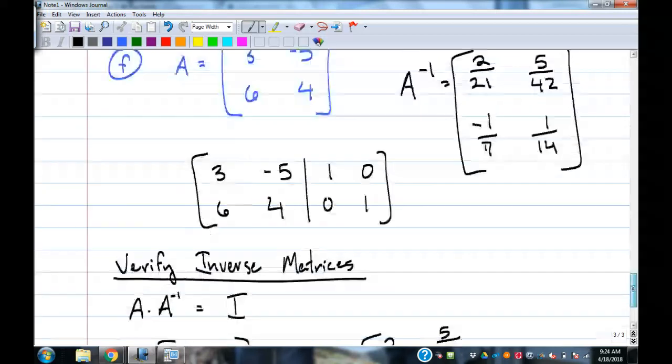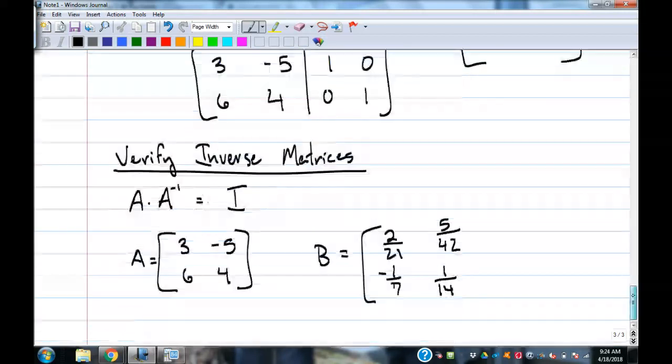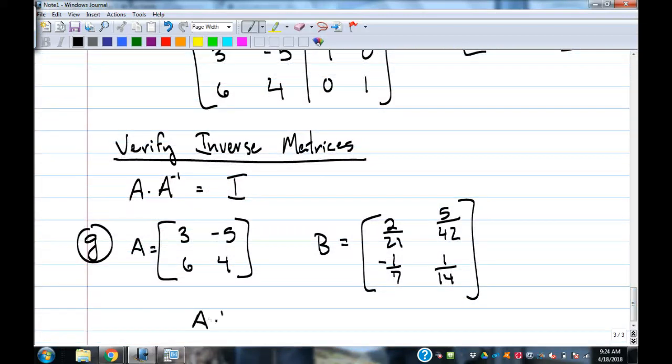That's the right number. And they want us to verify whether they're inverses of one another or not. Example G. Then we just multiply A times B and see what we get.